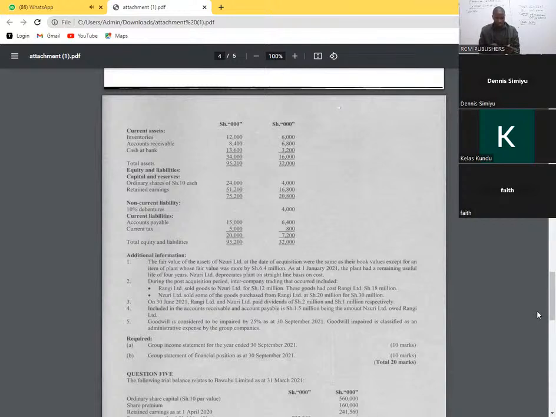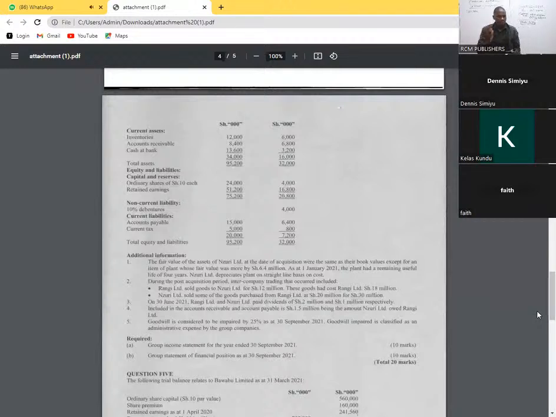I'll just read them, although I'll show you a way that you'll be doing it in the exam. We don't waste much time. The fair value of assets of Nzuri Limited at the date of acquisition were the same as their book values, except for an item of plant whose fair value was more by 6.4 million.